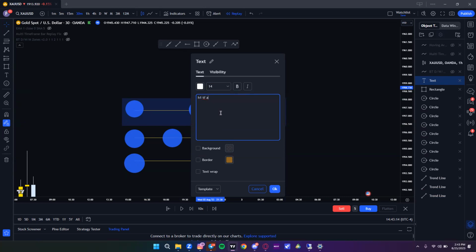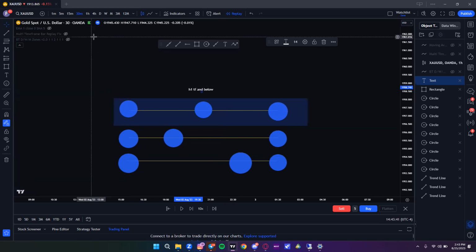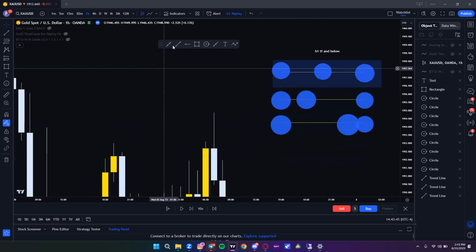H1 time frame and below. The reason why you use this one on H1 time frame and below is because you have a lot of candles in H1 within a relative area of space.